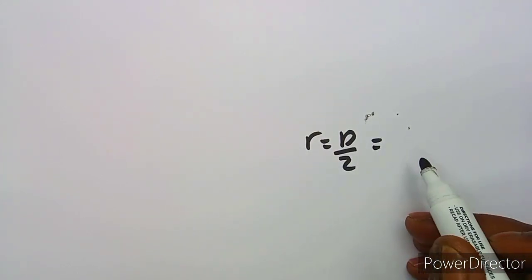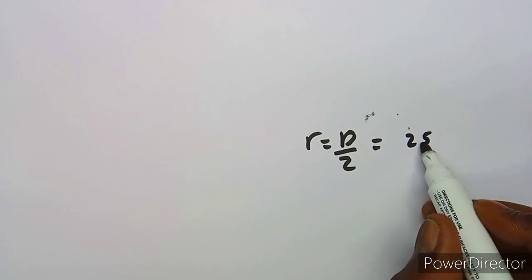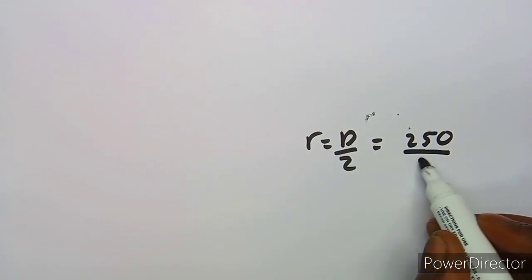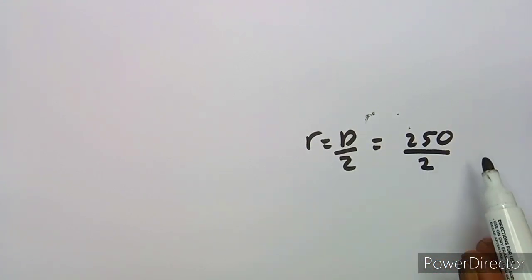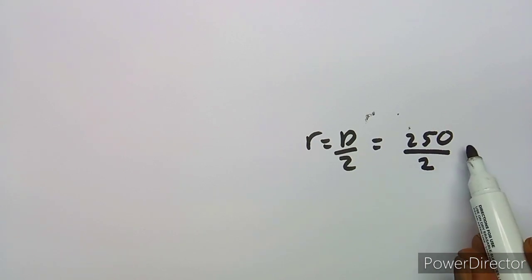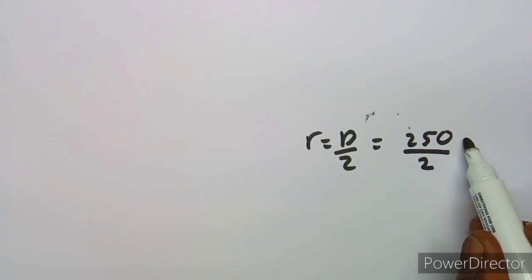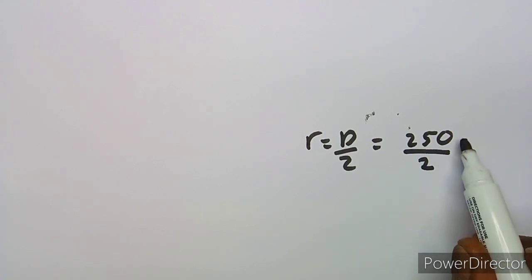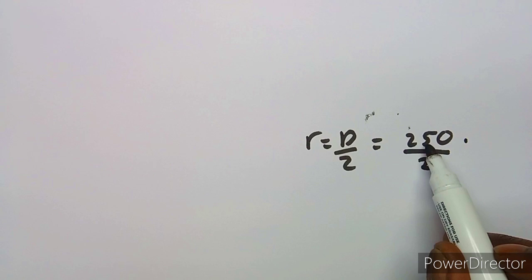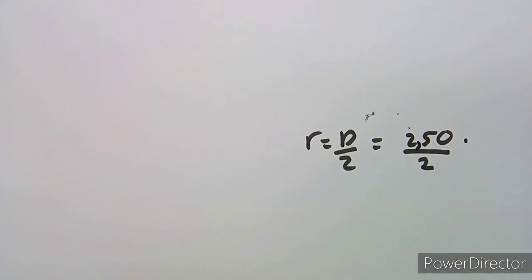So the diameter there is 250 over 2, which is going to give us in what? In centimeters, or let us just have it in meters direct. This is going to be 2.5 meters.